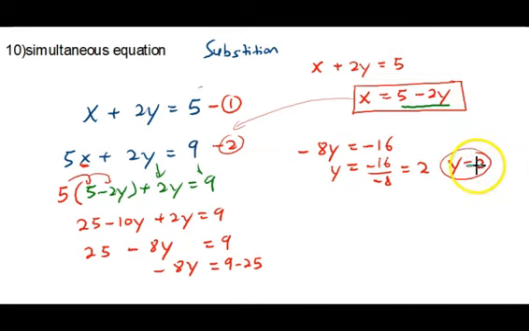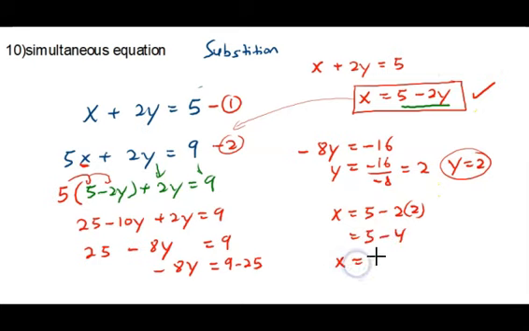And this 2 we are going to substitute into the first equation. Or we can use this directly, which is much more convenient. So what is your y? y is 2. So 5 minus 4, you get your x answer as 1. Okay, so this is simultaneous linear equations.